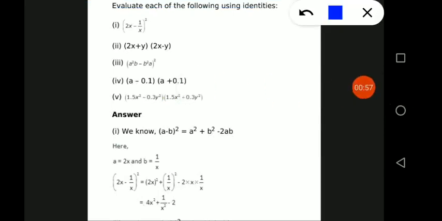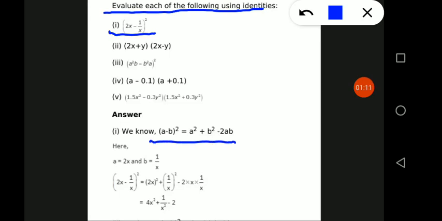Here, the first question is: evaluate each of the following using identities. And the first part is (2x minus 1 by x) whole square. So we can directly apply the formula (a minus b) whole square, which is equal to a square plus b square minus 2ab, where a is equal to 2x and b is equal to 1 by x.